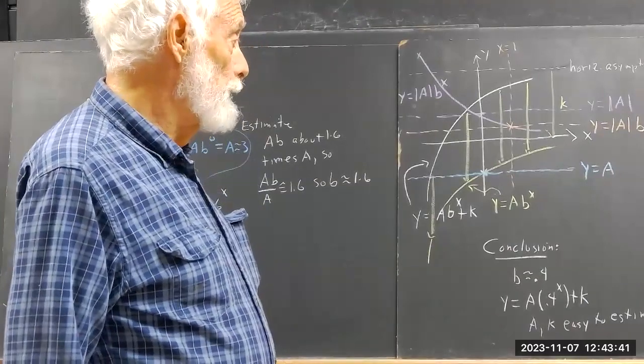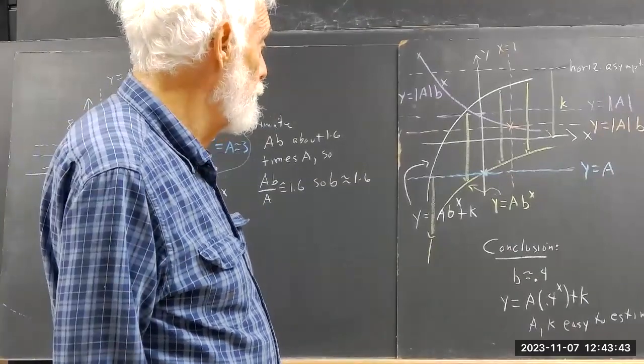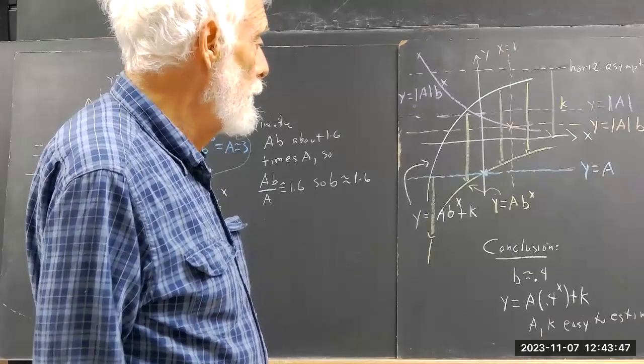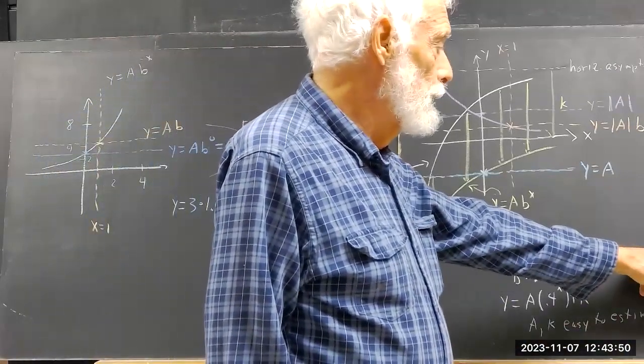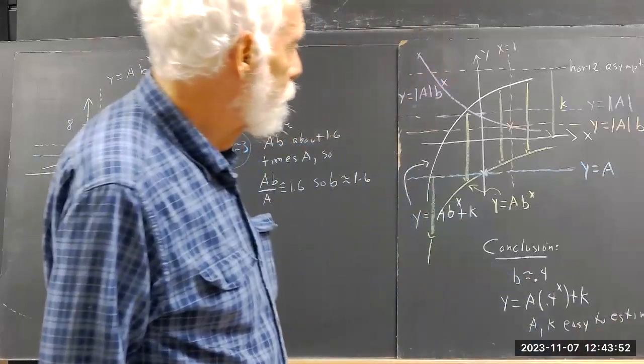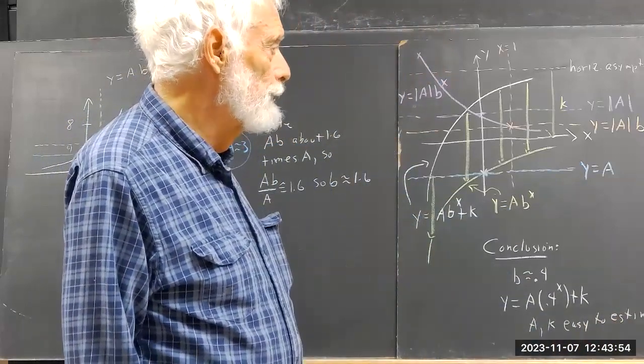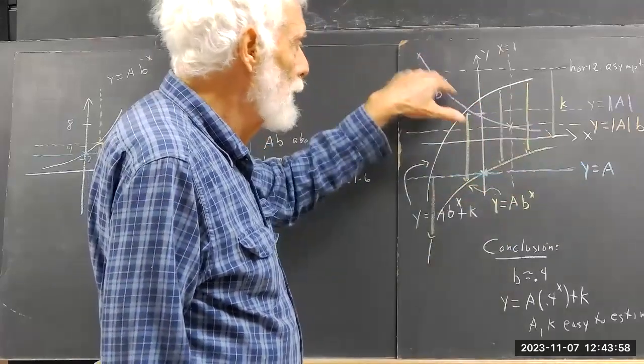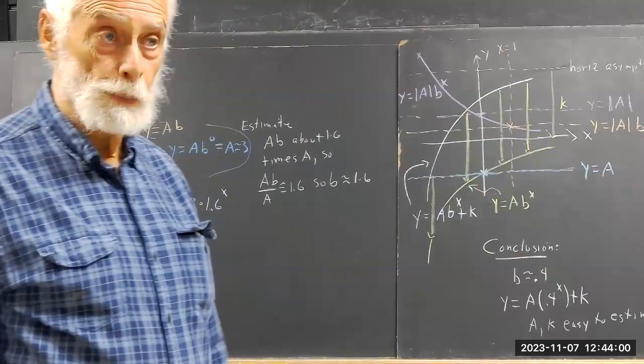And in this case, you're going to find that b is less than 1, because the graph is decreasing. You kind of know that that's less than 1.